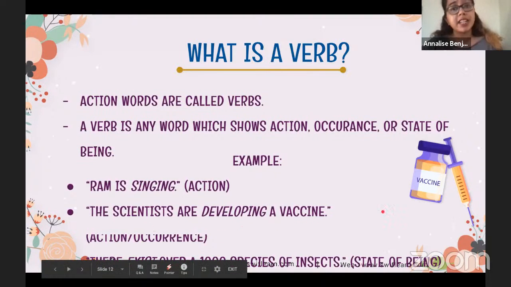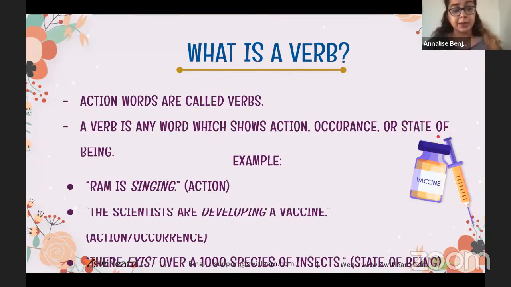Scientists are developing a vaccine. This is an occurrence that is taking place. There exist over 1,000 species of insects. This is our state of being verb exist. Okay, I'll repeat once more. Our verb is an action word which shows actions, occurrences, and state of being.